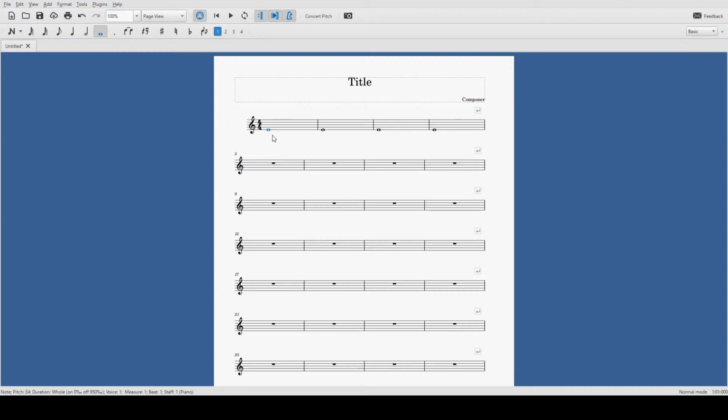Just keep that in mind. Next would be half notes. They look like this. They're 2 counts each. 1, 2, 3, 4. 1, 2.